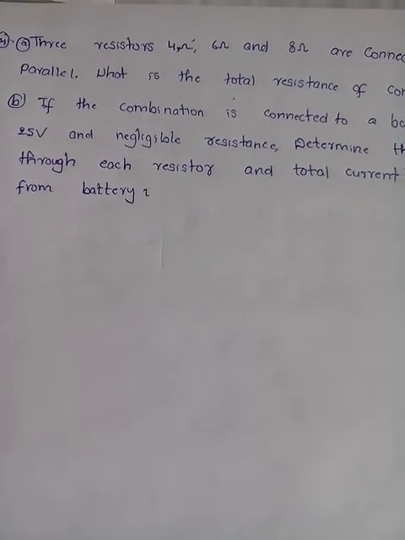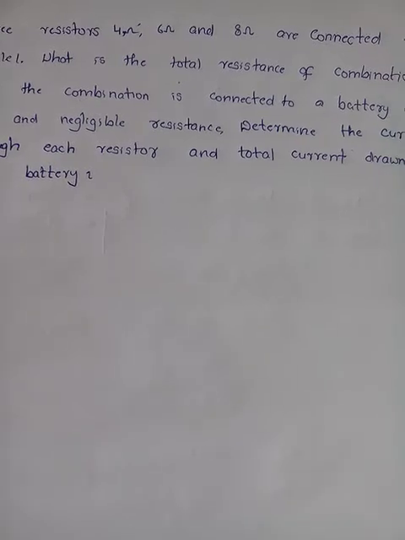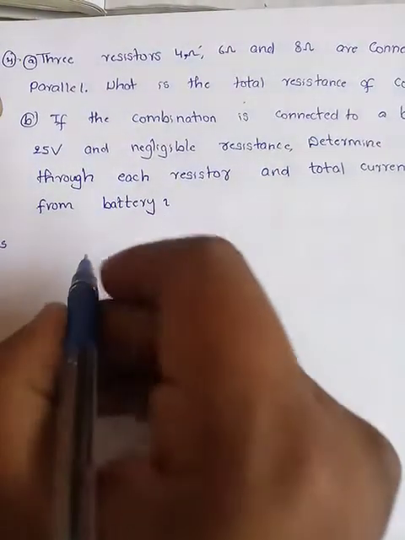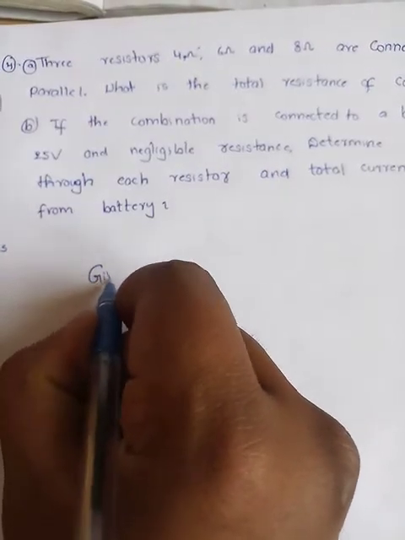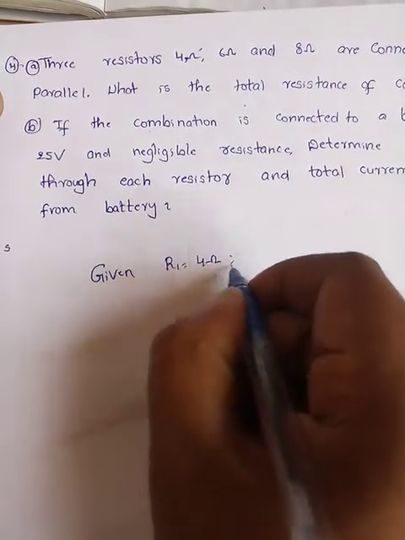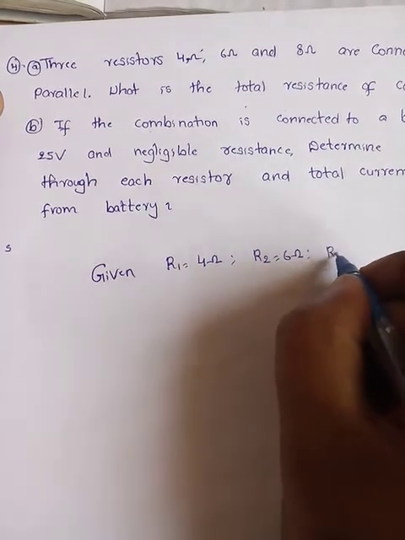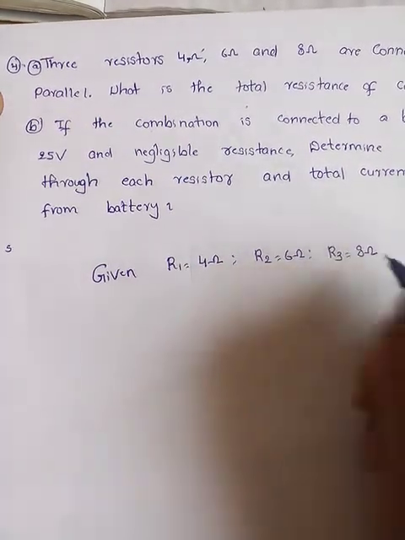See the next question. There are 3 resistors, 4 ohms, 6 ohms and 8 ohms, connected in parallel. What is the total resistance of the combination? So let us first solve the first problem. Given 3 resistors, R1 equals 4 ohms, R2 equals 6 ohms, R3 equals 8 ohms.